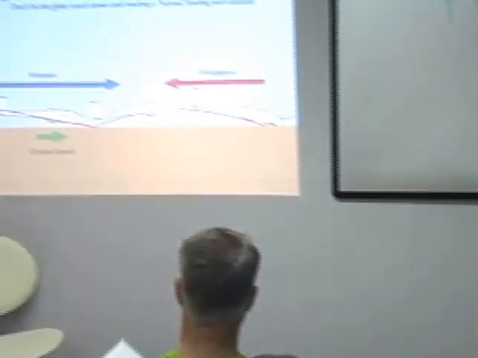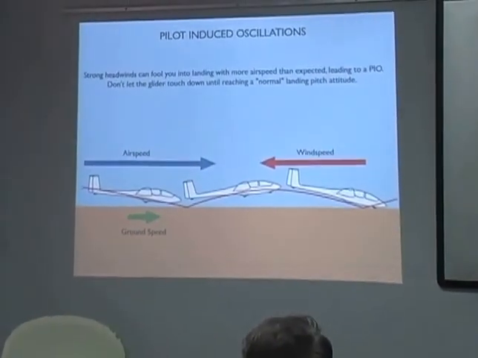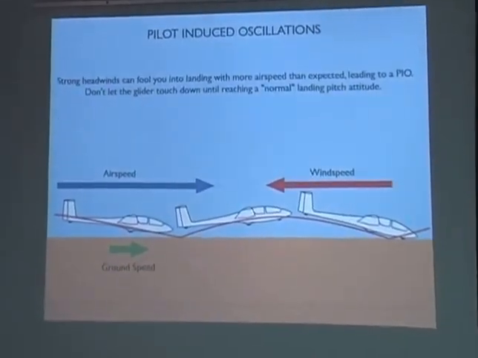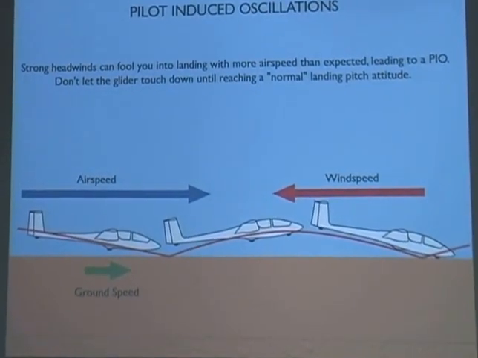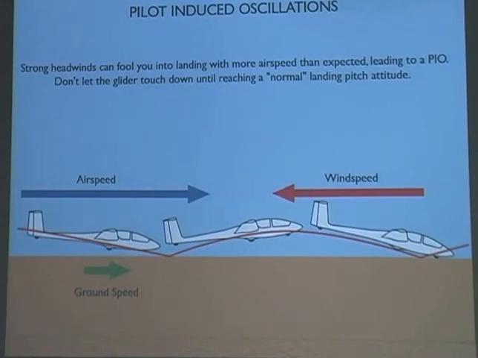When you touch down at 35 knots in a 35 knot headwind, you are not moving. Your brain has been trained to say, I should be moving when I'm flying. And so most people, when they fly in high winds, try to touch down way too early.